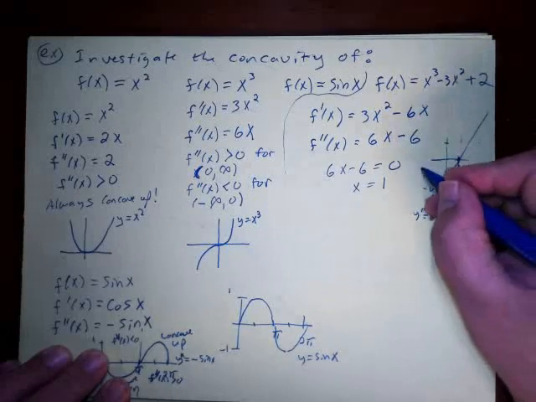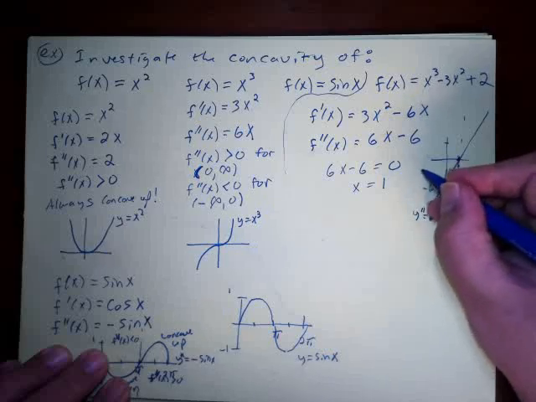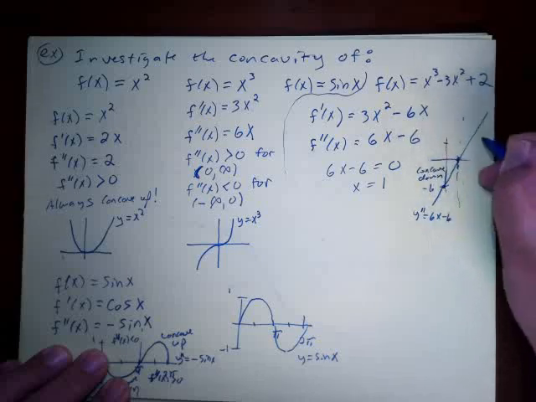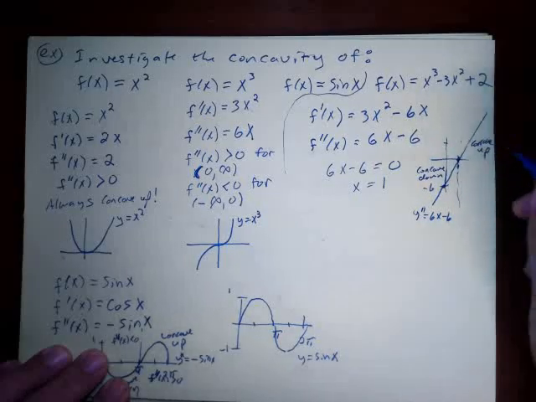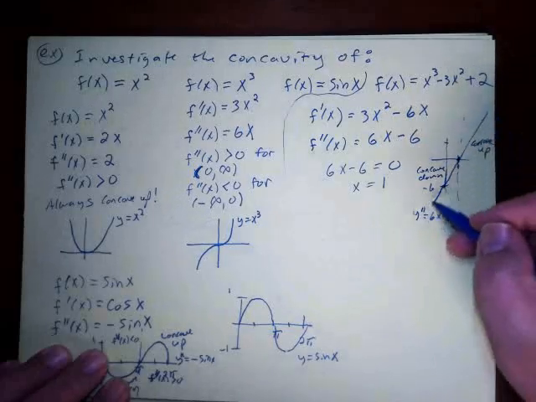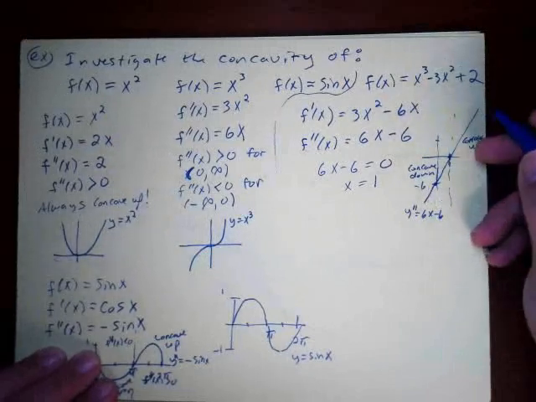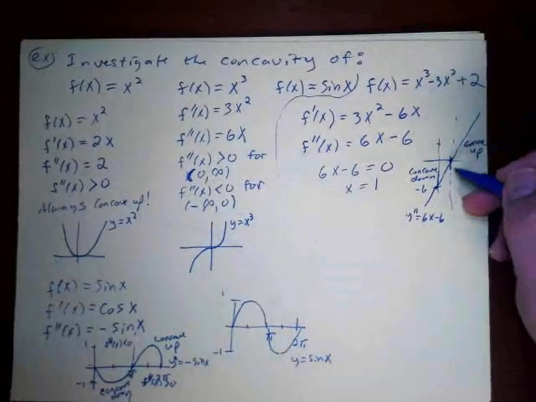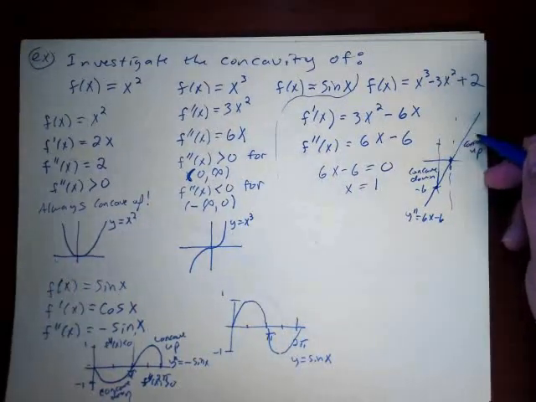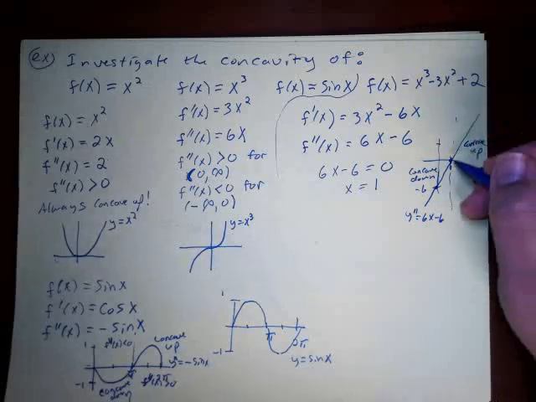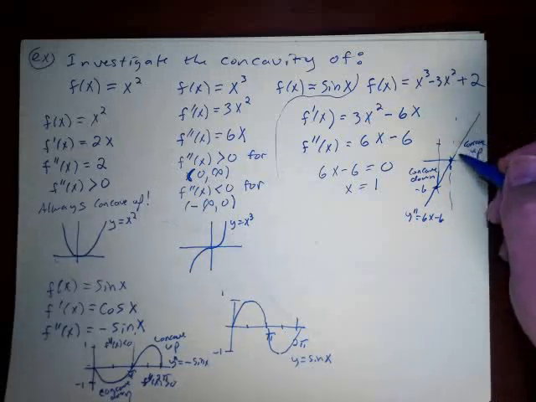And so we can see that the second derivative at 1 changes from being negative to positive. So the graph of the original function is concave down here, and it's concave up over here. Notice that the second derivative is a line, and so it doesn't have any concavity. You could see that because the second derivative of a line would be 0. It would be not just a constant, but 0. So there's no concavity.